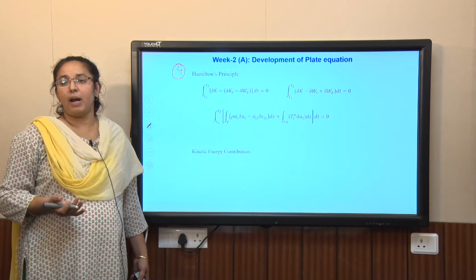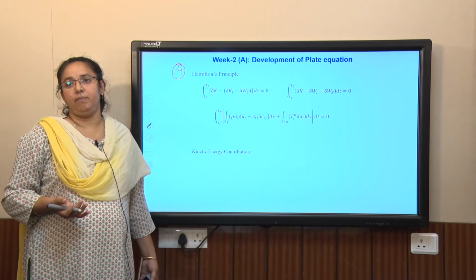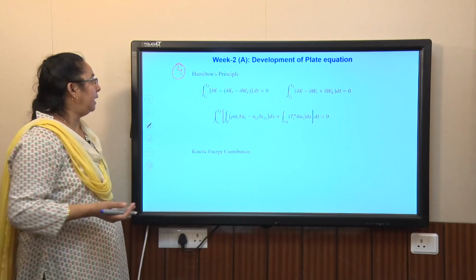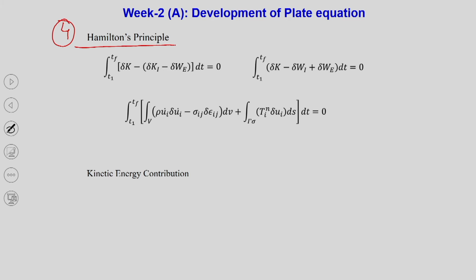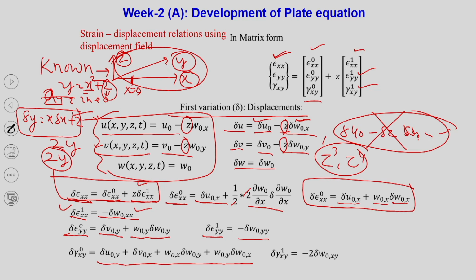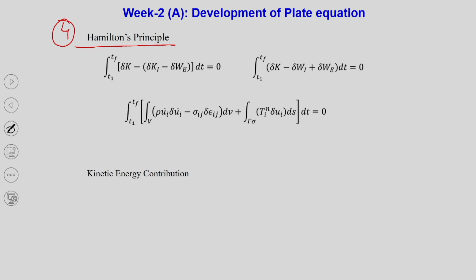If we are interested in finding the dynamic behavior of the plate, then Hamilton's principle. You see that t here is time; u is also a function of time, so there are 3 spatial coordinates and 1 time coordinate. That is why I am going to use Hamilton's principle.